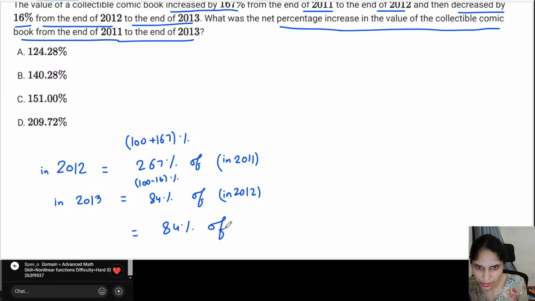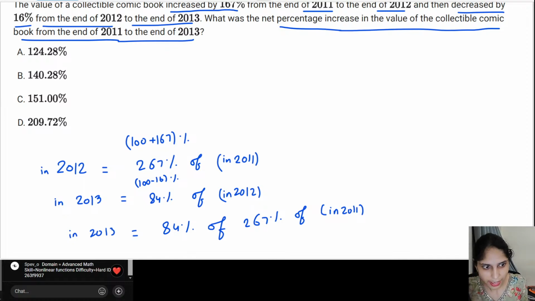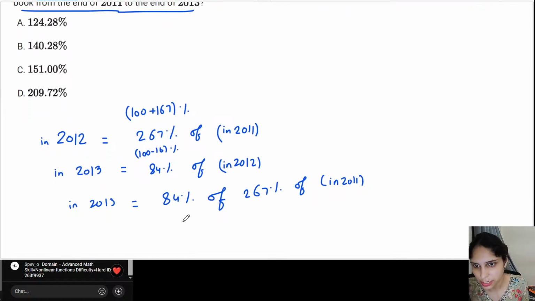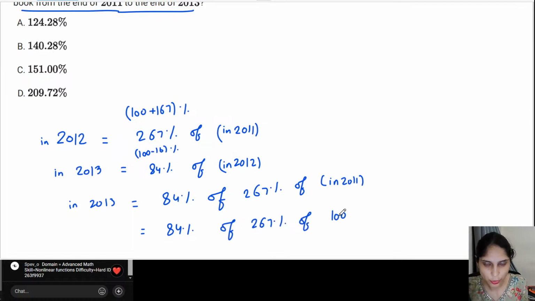So this is 84% of 2012, which is 267% of 2011. Like I told you, because you do not know 2011, you can just take it as 100, because then whatever value you get is going to be your total percentage.